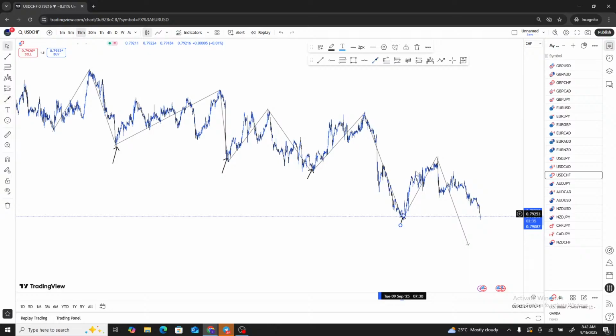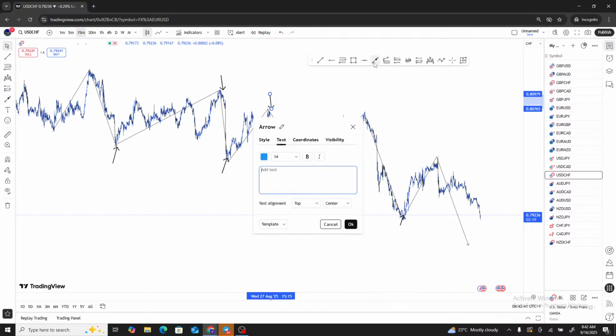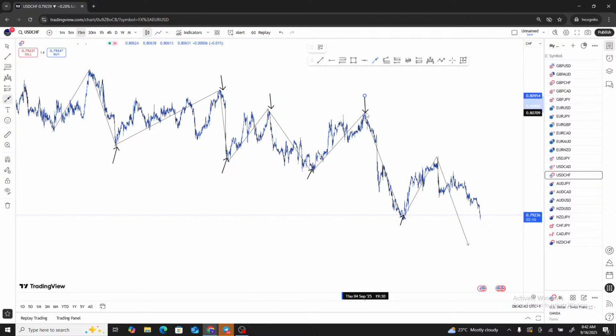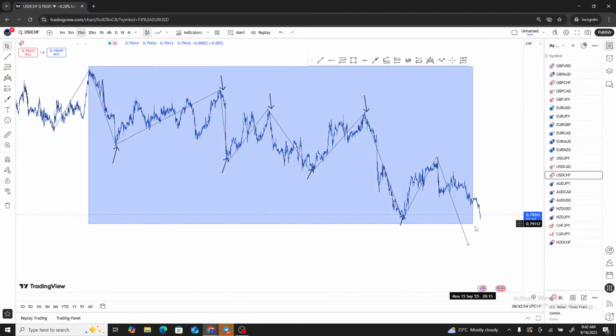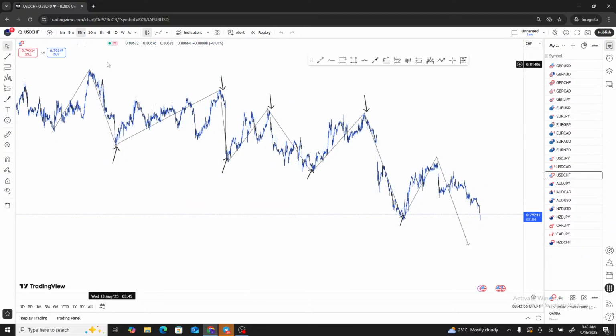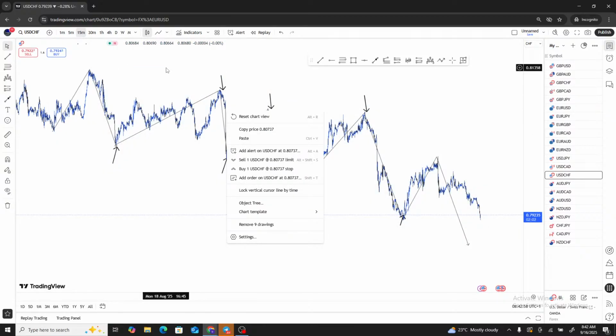The highs, lower highs, because this high is lower than the previous high. So market structure in a downtrend makes a series of lower lows and lower highs.